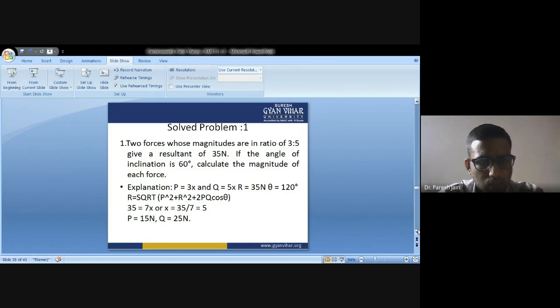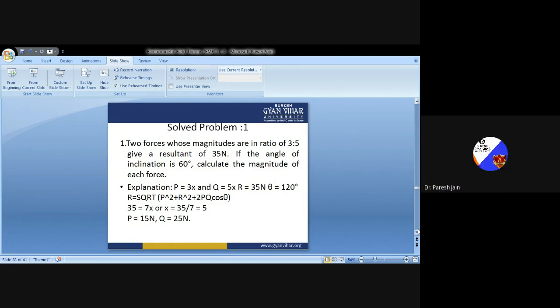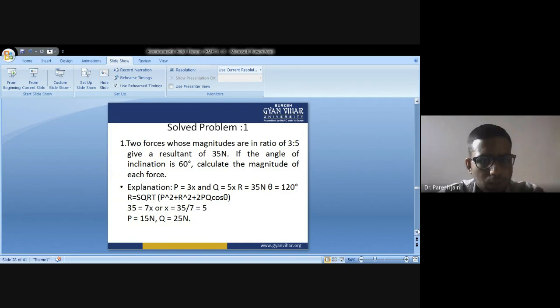After solving, the value of x becomes 5. Putting the value of 5, P is 3 into 5, that is 15 Newton, and the second force vector Q is 5x, so 5 into 5, Q is equal to 25 Newton. So we have calculated the two forces in terms of vectors.